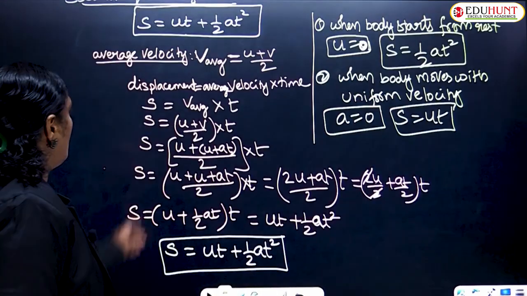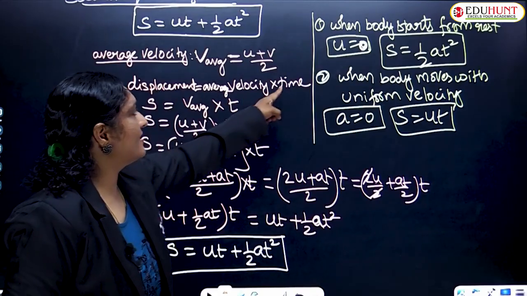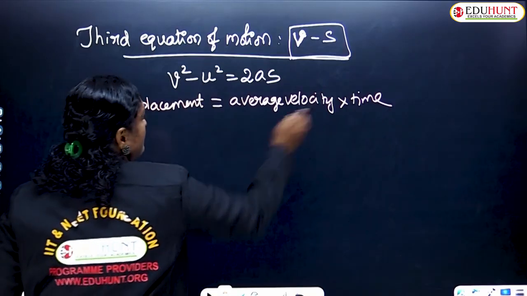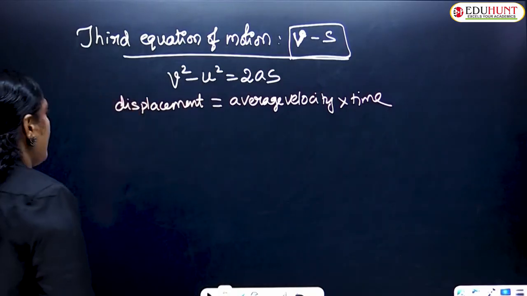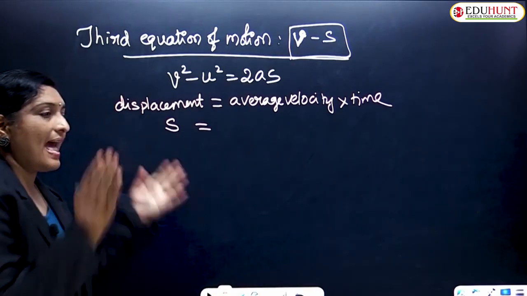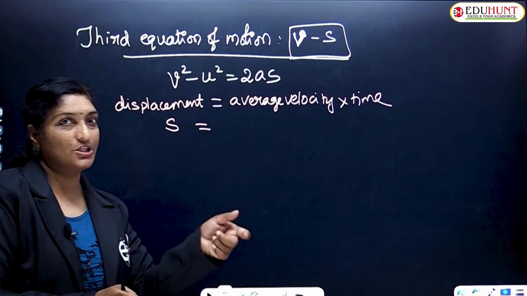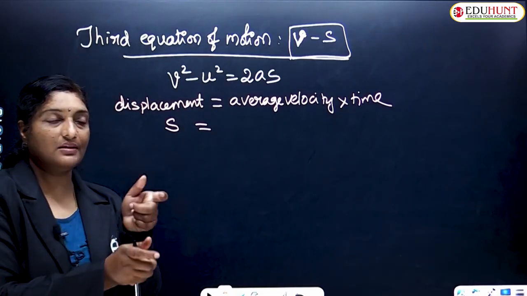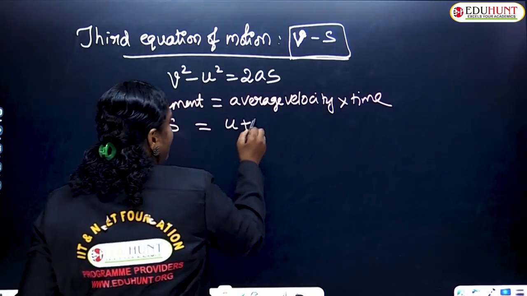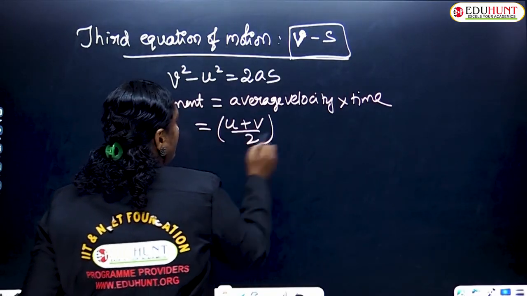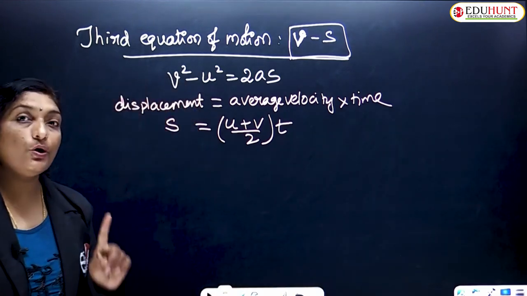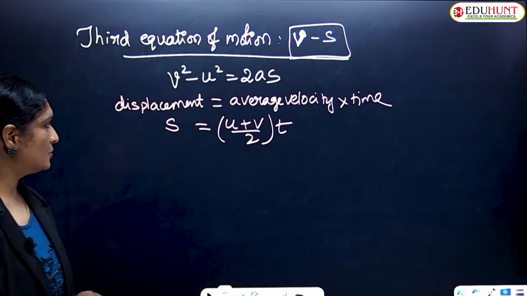Displacement is indicated with the letter S. Average velocity is the average of two different velocities, u and v. What is the average of these two? u plus v by 2, that is u plus v by 2 into time t. Hence S equals u plus v by 2 into t.